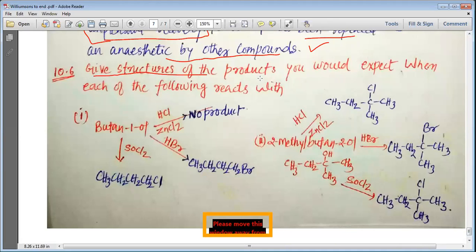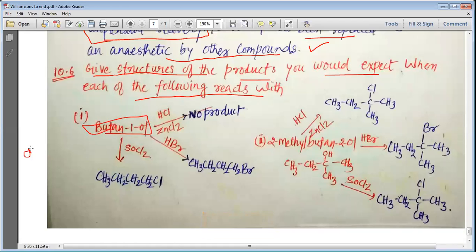Now we have the next question. Give structures of the product you would expect when each of the following reacts with the given reagents. So butanol, CH3CH2CH2CH2OH, when it reacts with HCl and ZnCl2.